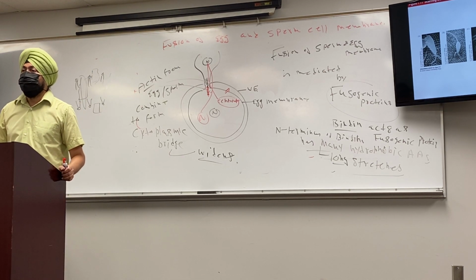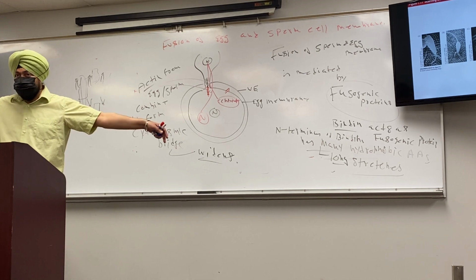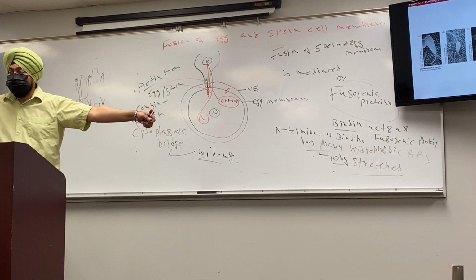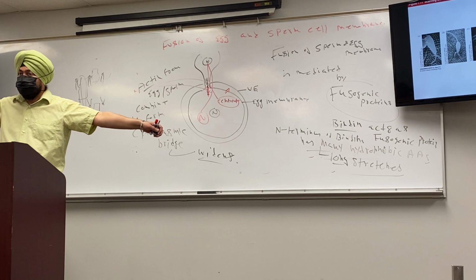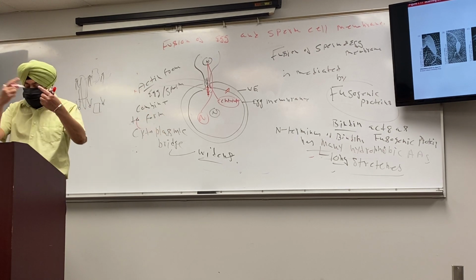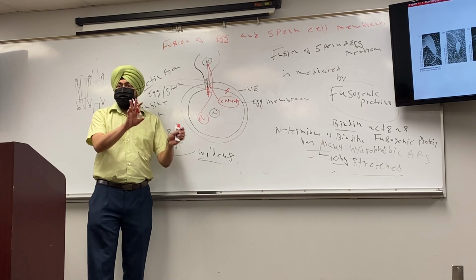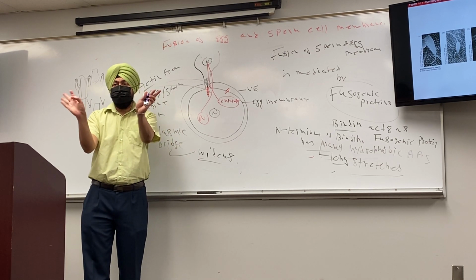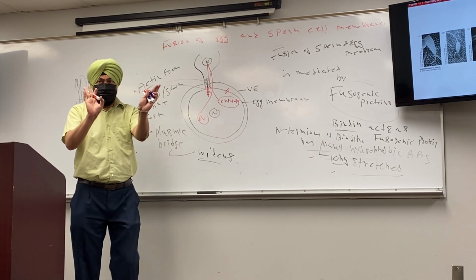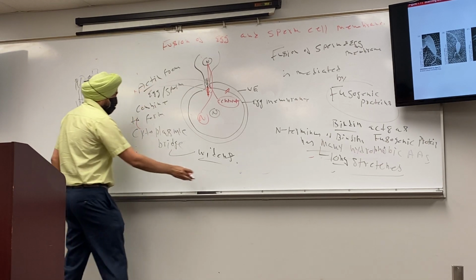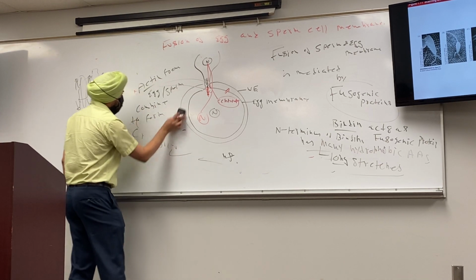Haploid nucleus and the centriole, that's all. And once that happens, so far everything is clear. If there is any doubt anywhere. Okay, now this has entered, now what is going to happen?